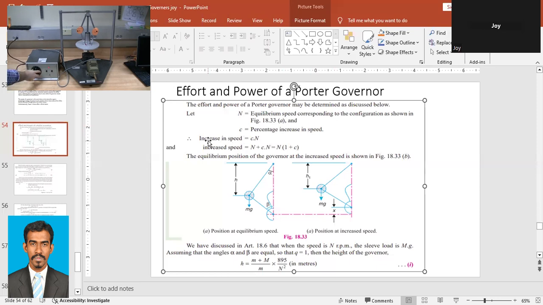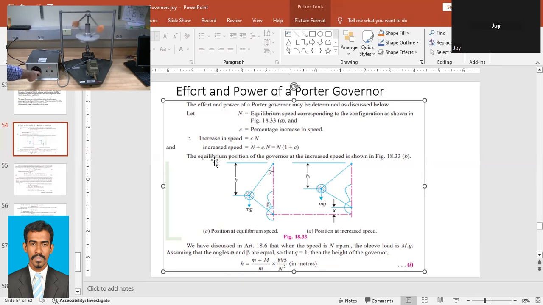So if c is the percentage increase in speed, the increase in speed is equal to c into N. C percentage of the equilibrium speed N gives the increase in speed, cN. So the increased or final speed is equal to the equilibrium speed N plus the increased speed cN, that is N plus cN. When you take N out, you will have N1 equal to N into (1 plus c).